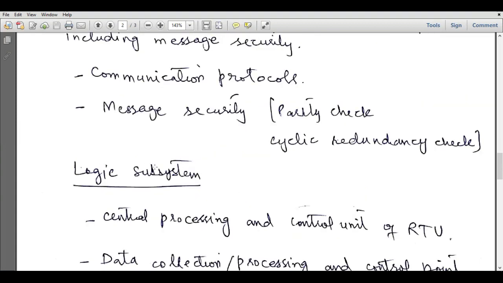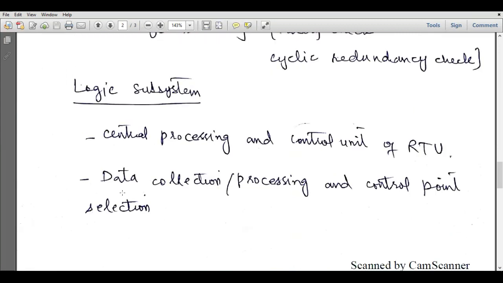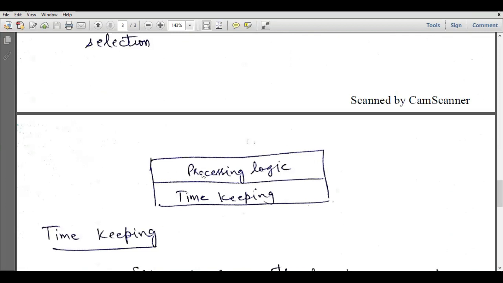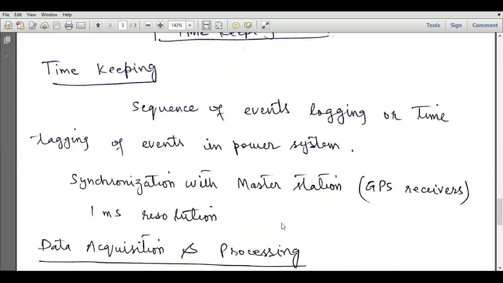Then we have a logic subsystem. It has central processing and control unit of RTU, data collection and processing, and internal control point selection. These are the tasks of logic subsystems. And here you can see this is a processing logic and a timekeeping. Timekeeping is a sequence of events logging or time tagging of events in power system, and synchronization with master station is also a part of timekeeping.